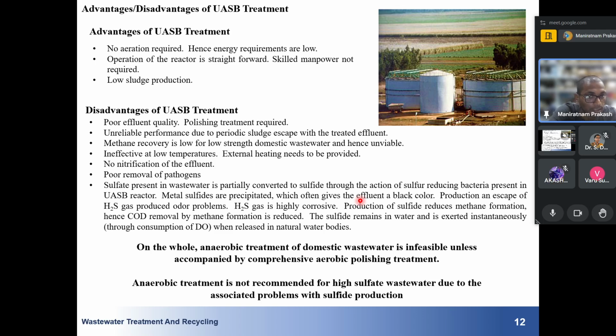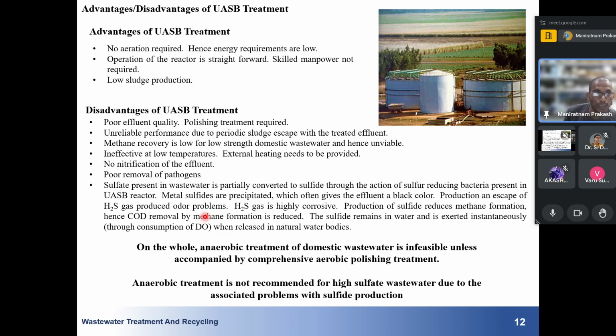The second problem is the production and escape of H2S gas, which produces an odor problem. Remember, suppose metals are not there, so the chances are high that the sulfide will combine with the hydrogen ions present in the water and escape in the form of H2S.